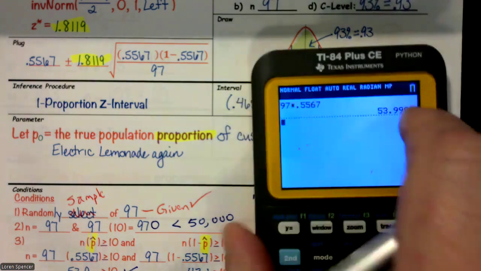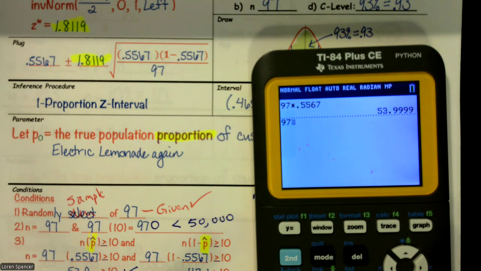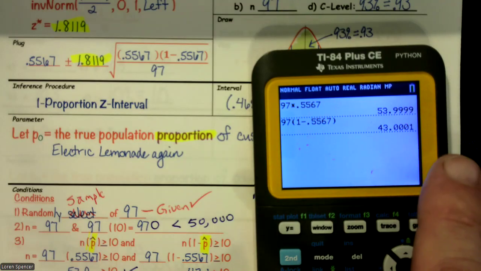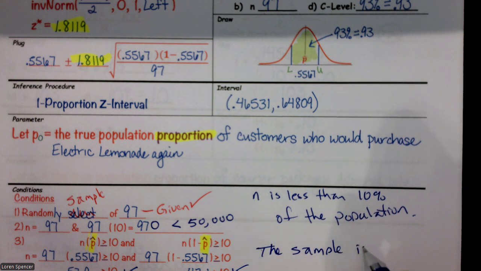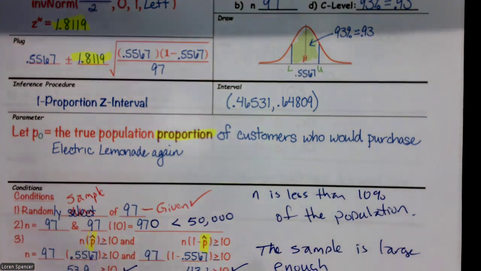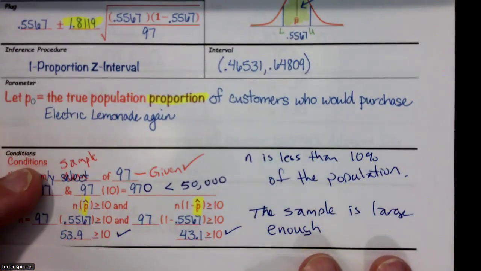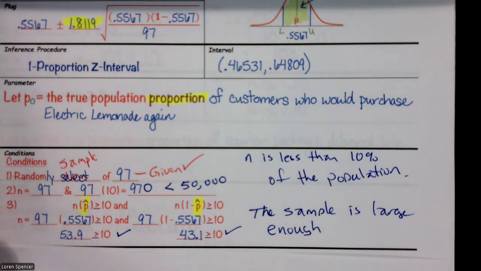Then 97 times parenthesis 1 minus 0.5567 close parenthesis, and we get 43. That's greater than 10. So now we can say the sample is large enough. If this is AP Statistics, you want to say the sample is large enough to use a normal approximation. But for right now, that's all we're going to look at.